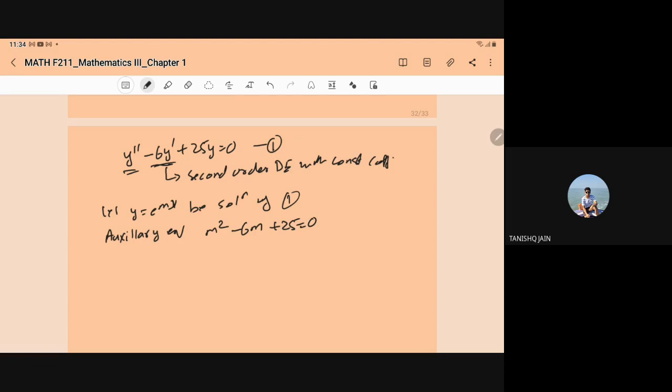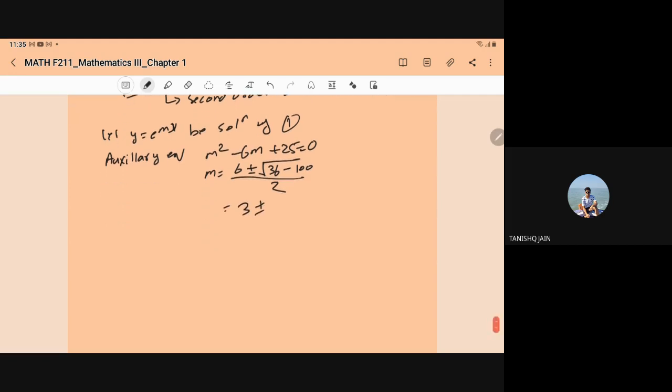So when we compute its root, m will come minus b, 6 plus minus square root of b square 36 minus 4ac, minus 4ac, so 100, upon 2a, so upon 2, so that is 3 plus minus 4 iota, right? It is 3 plus minus 4 iota.